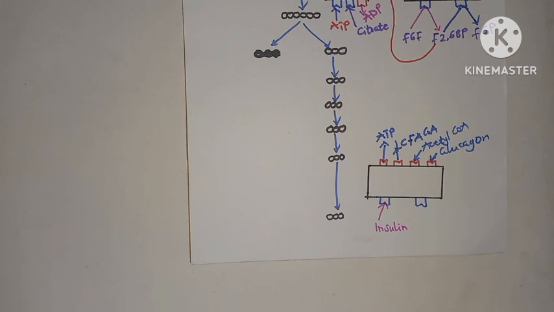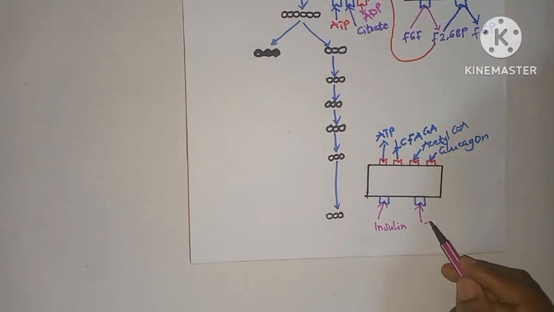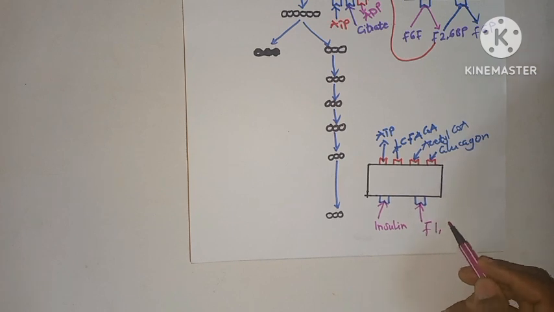That is what we call a feed-forward reaction. So let me do that one too. The second stimulator is fructose 1,6-bisphosphate.